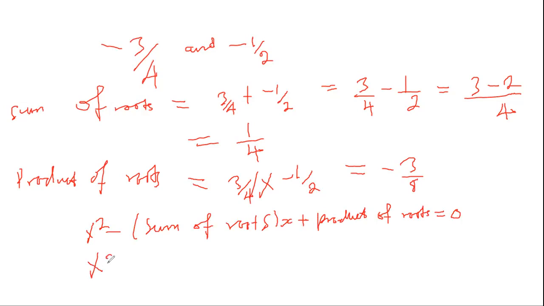So the sum of roots is 1 over 4 times x plus product, which is -3 over 8. So we can write this as x squared minus 1 over 4x minus 3 over 8 is equal to 0.